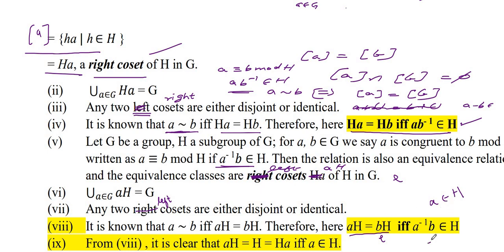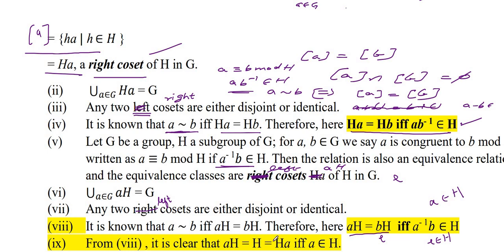Now, H being a subgroup, E definitely belongs to H. So you can even write this as EH or HE, and both of them will be equal to only H because E is a member of H. But here A is not necessarily a member of H. So when A is a member of H, you will have AH equal to H equal to HA.